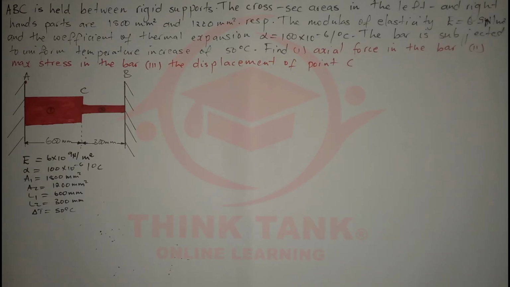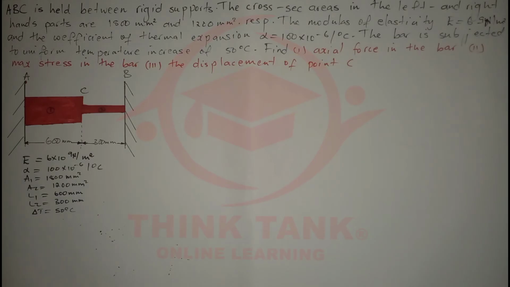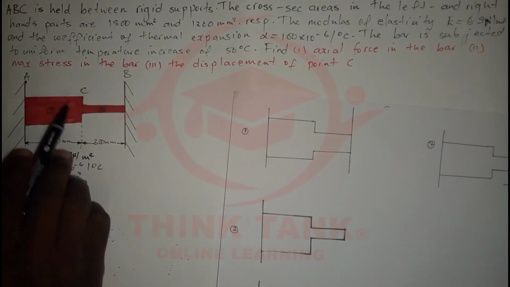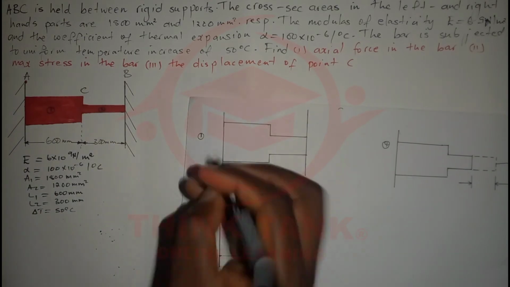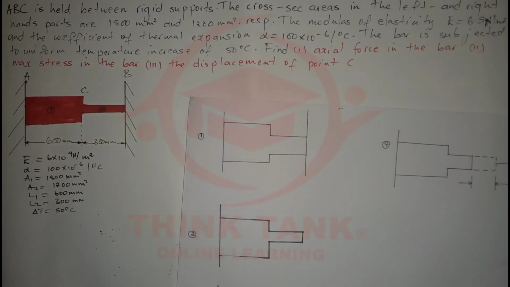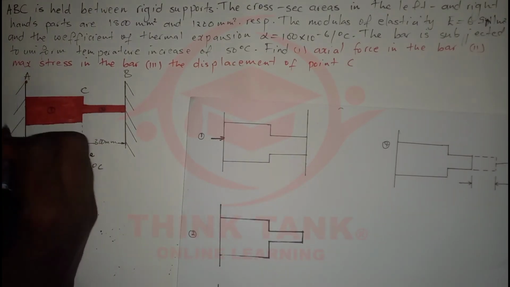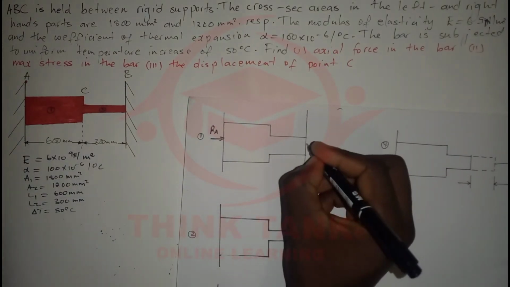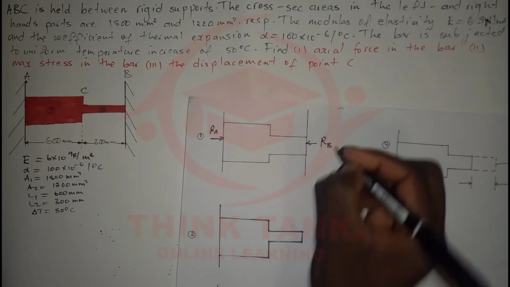If you understand the question correctly, this bar is held by rigid supports, which means the bar is not moving. So I'm going to draw a free body diagram first. Since the bar is not moving, there is some external force holding it, so we have a reaction force here, which I'm going to call RA, and, from Newton's third law, an opposing force in the opposite direction, RB.